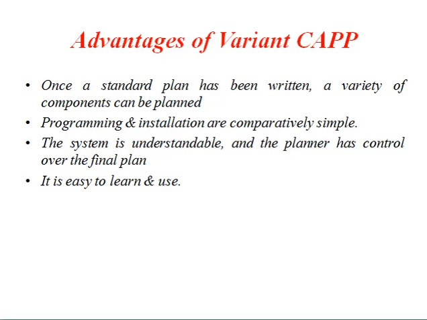Initially you'll have a standard plan, and once it is ready, we can concentrate on the variety of components considered for the process. Also, the programming and installation in variant type computer aided process planning are comparatively simple.